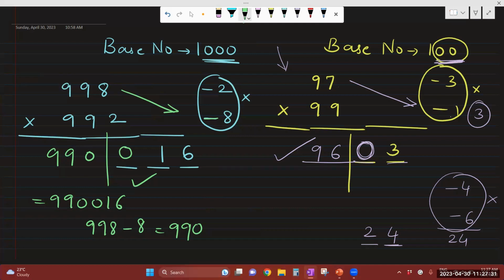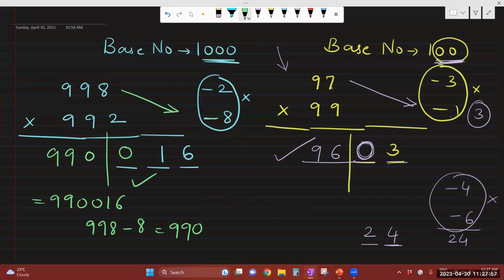So now just imagine if I tell you to find this value by your traditional method, how many minutes are you going to take to find the answer? First of all, looking at the question only, your heartbeat will increase. 3-digit numbers to multiply, how are you going to do it, right? Now yesterday's method was also easy, but whenever you are having bigger numbers, you have those bigger carryover numbers.